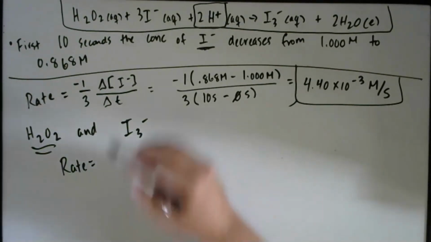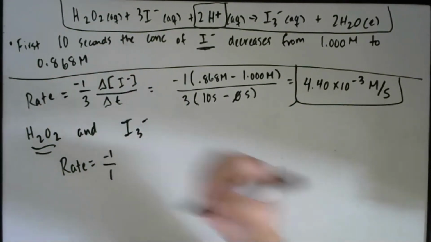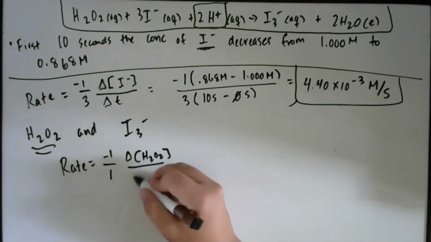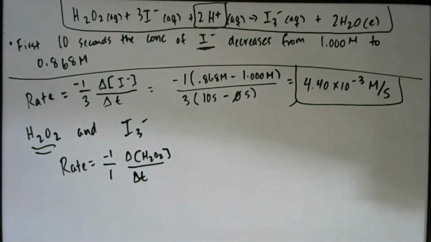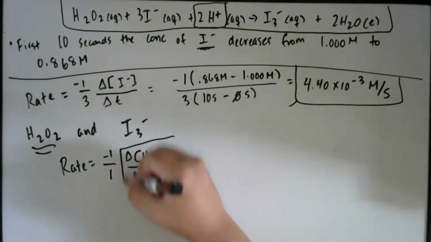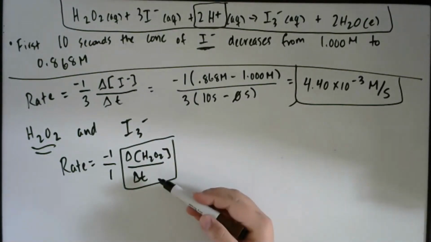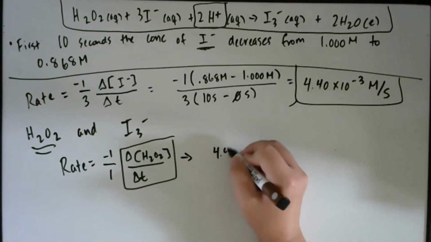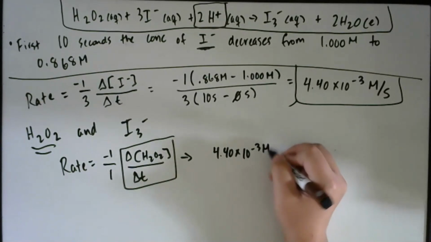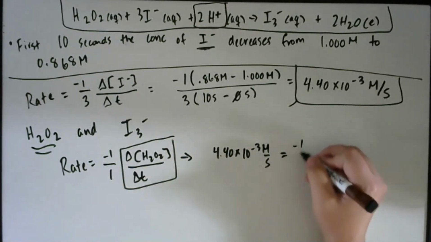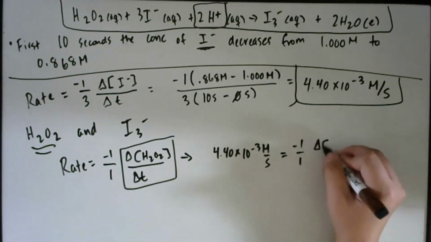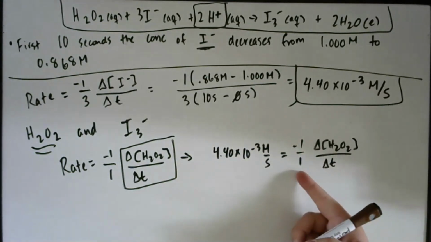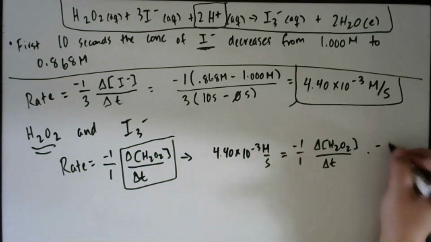We know that the rate's going to be equal to negative 1 over 1, and then delta H2O2 over delta t. And again, this is the rate of change in concentration, so we're just going to isolate this term. So we have 4.40 times 10 to the negative 3 molarity per second, and obviously we see that we're multiplying both sides by negative 1, basically.